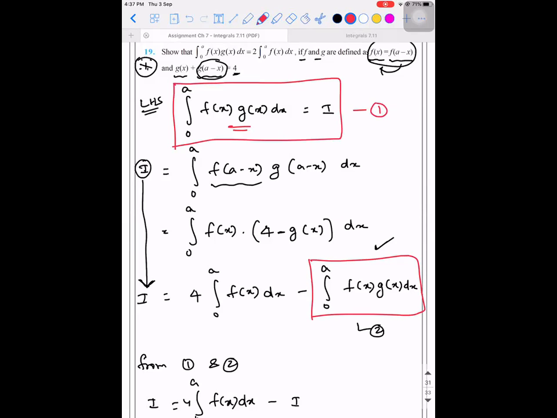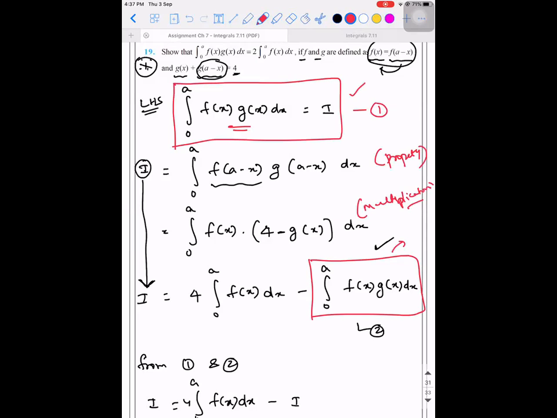So, I've taken the first step to be, I know, integral of 0 to a f of x into g of x as I. Then I split and wrote it. What is this value? Is what I'm asking.